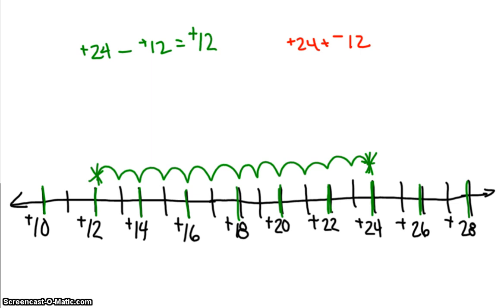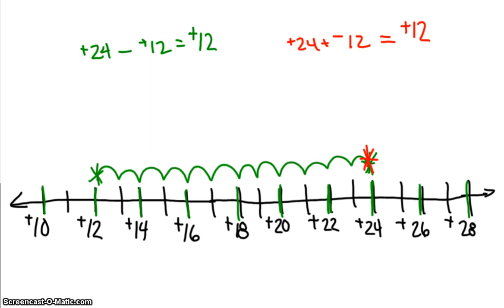Now, in red, I'm going to show you that a positive 24 plus a negative 12 is also going to equal a positive 12. Okay? So, in red, start at positive 24. We're adding in a negative value. Now, negative values are opposite. If we are going negative, we are actually moving on the number line to the left. Okay? Smaller values.